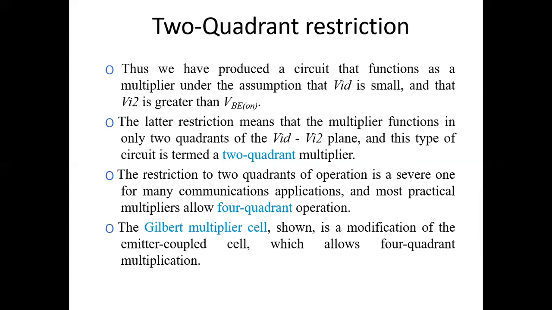The latter restriction means that the multiplier functions in only two quadrants of the VAD minus VA2 plane. This type of circuit is termed a two quadrant multiplier. The restriction to two quadrants of operation is a severe one for many communication applications.